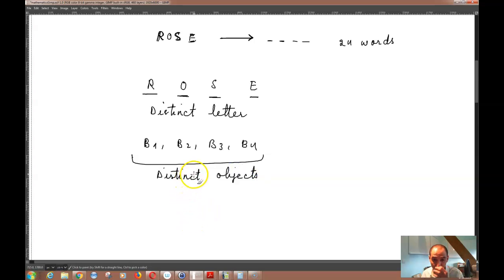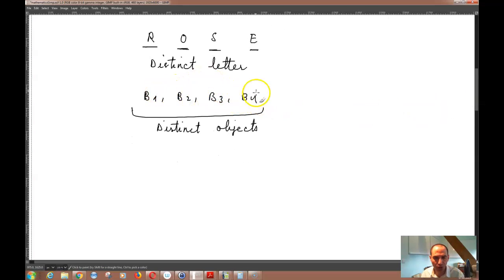On the other hand, you could have, for example, 3 school bags, B1, B2, and B3, but then I want to find all the different permutations of these school bags, taking my objects as B1, B2, B3, and again B1 over here.